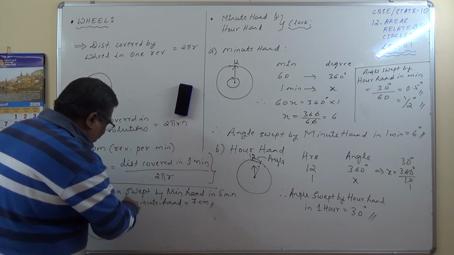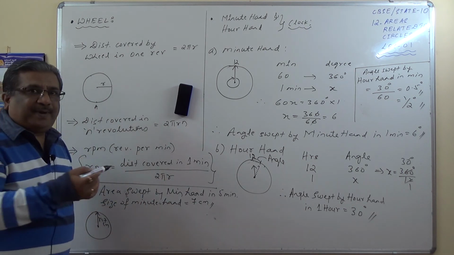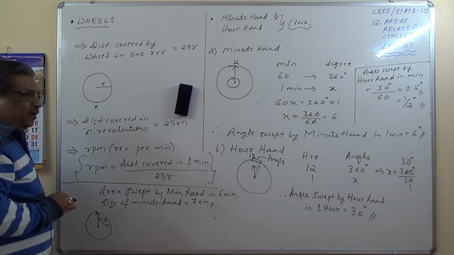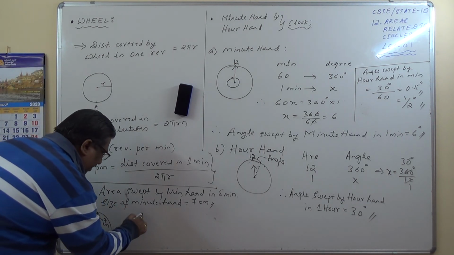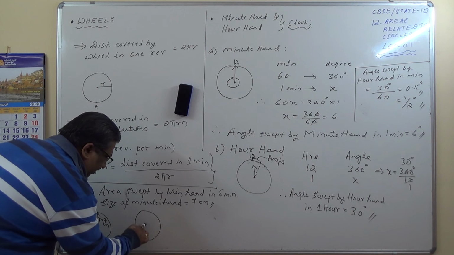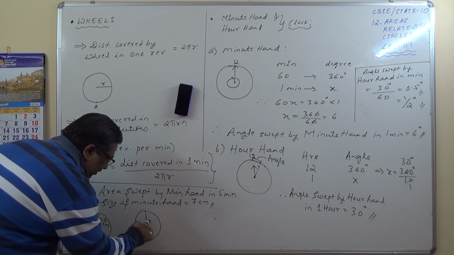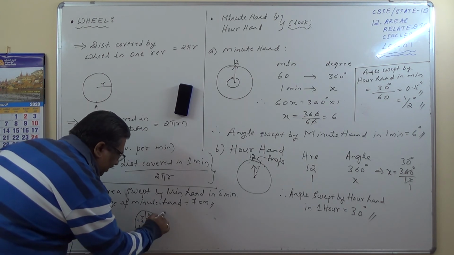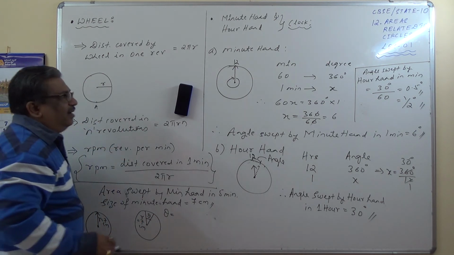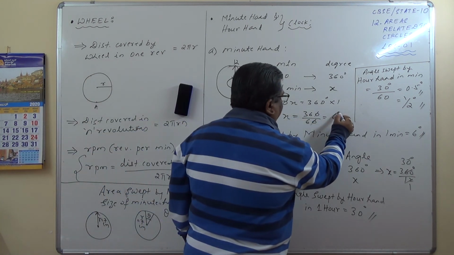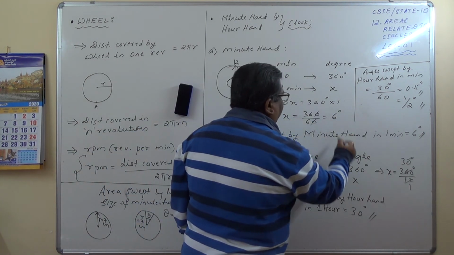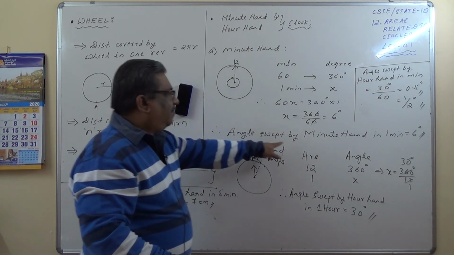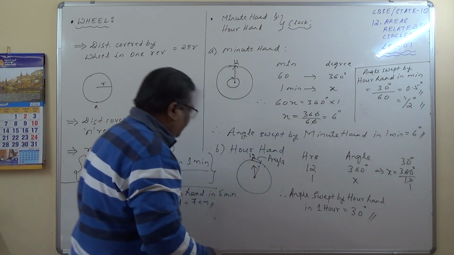In 5 minutes, what is the area swept by this minute hand is the question. So it will form a sector over here, this one. So this is theta, and this is r. r is equal to 7 centimeter, and what is theta equals? See, minute hand, it will sweep 6 degrees in 1 minute. Angle swept by minute hand in 1 minute is 6 degrees.